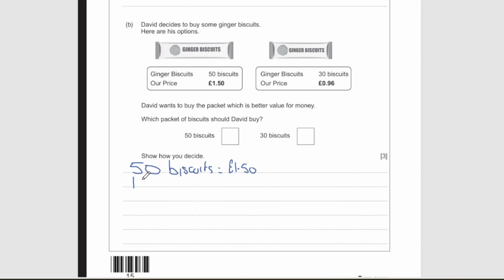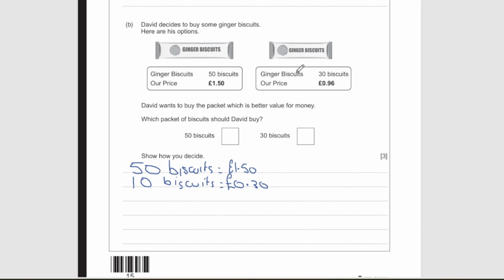So 10 biscuits. We need to divide by 5. So £1.50 divided by 5 is 30p. So 0.30, 30p.